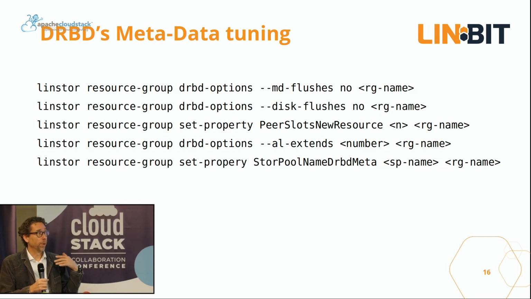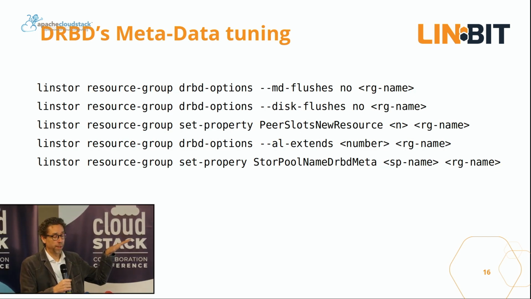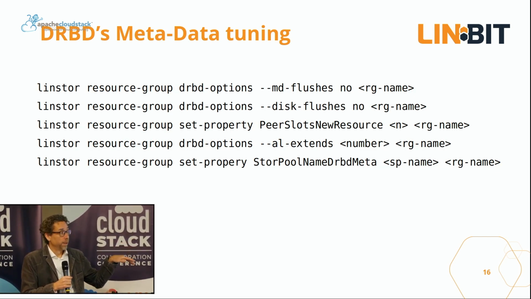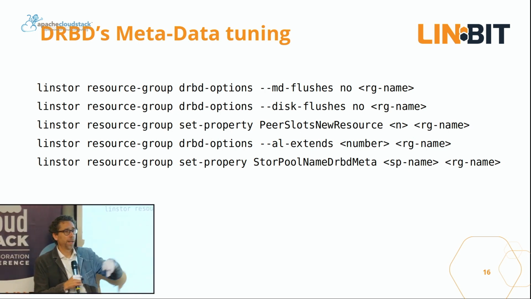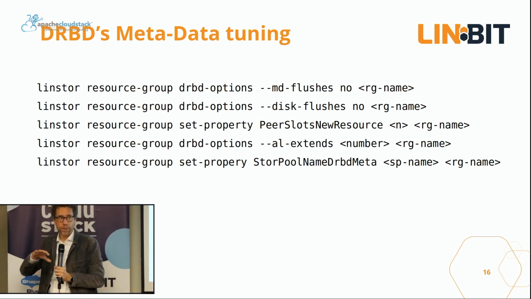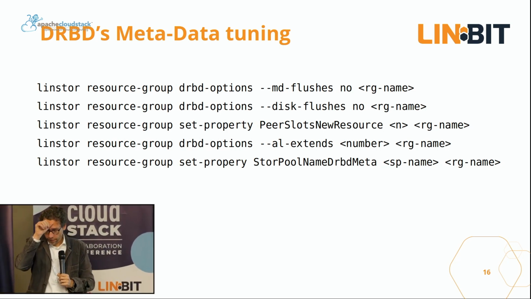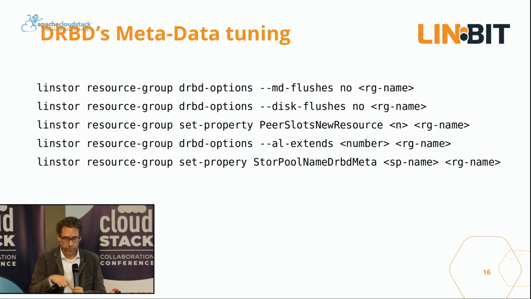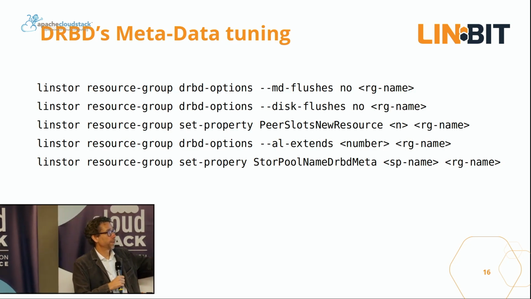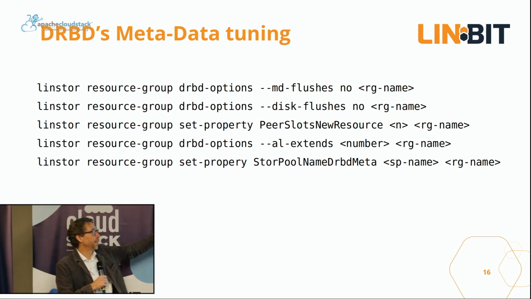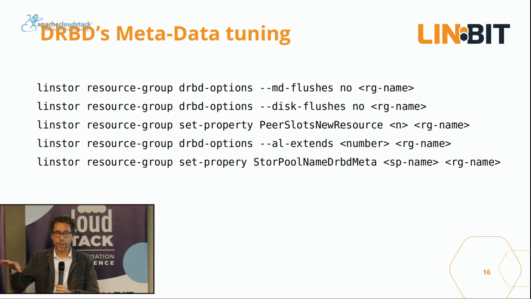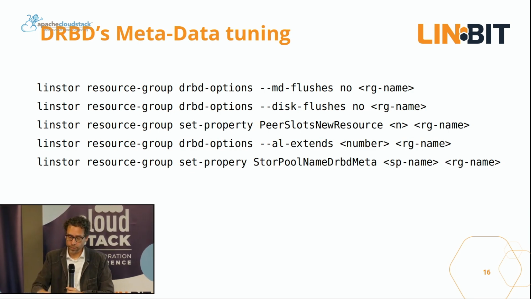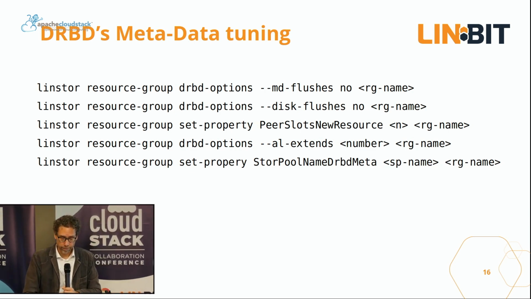So for big resources, you want to reduce that. Then the activity log extents, which I already talked about. And last but not least, that enables you to put the metadata on a different storage device.